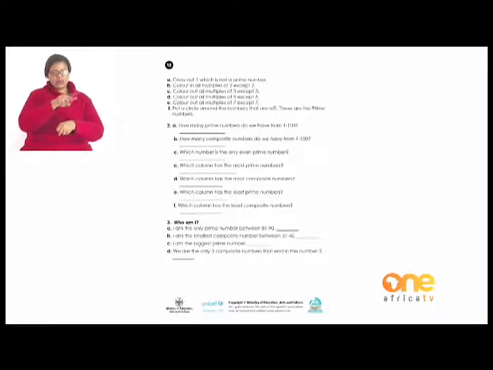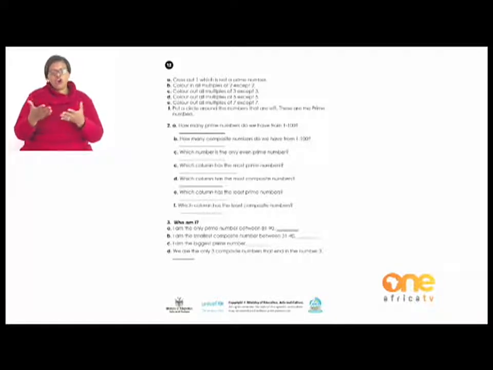So number 1 is not playing in this activity because it's not a prime number. It's kind of weird for now. So 1 is not a prime number, nor is it a composite number.